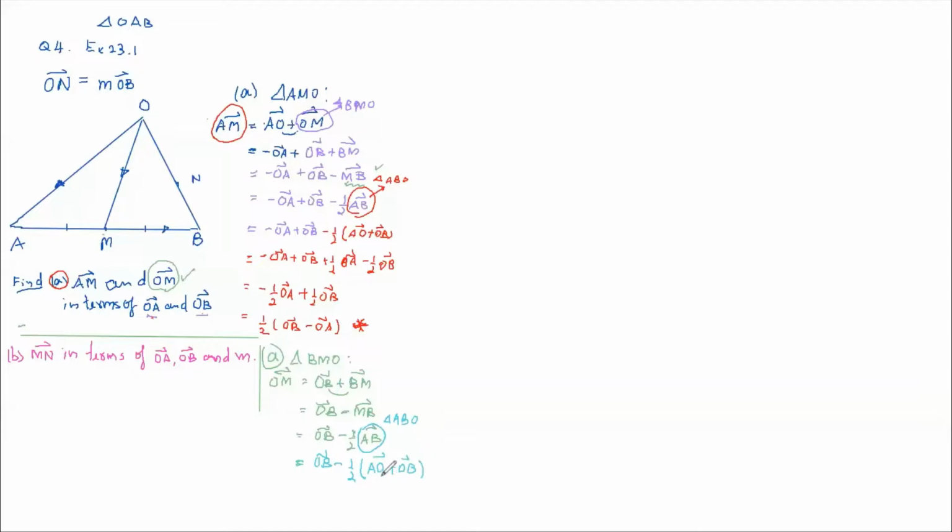Now OB minus, so we have the direction we have is OA, but this is AO, so this should be negative. Negative times negative again, this one become plus 1/2 OA. And this is a negative, right? So open bracket and expand become minus 1/2 OB.